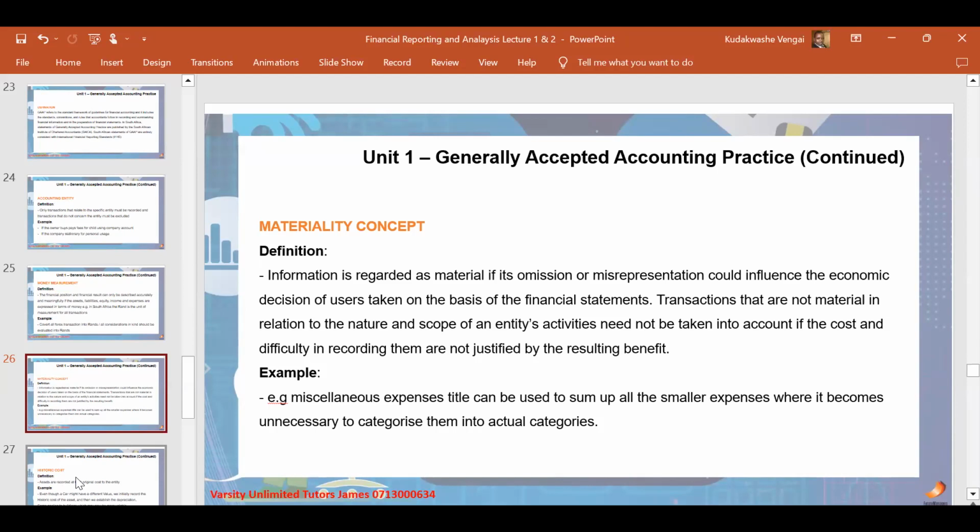You are summing it up because it is immaterial to list all of the different assets, rather just give one single value of all of them at the end of the day. So when you're doing your accounts, you have to highlight what is material and what is immaterial in your statements, and record only things that are material for your business, and things that are immaterial, don't worry about them.